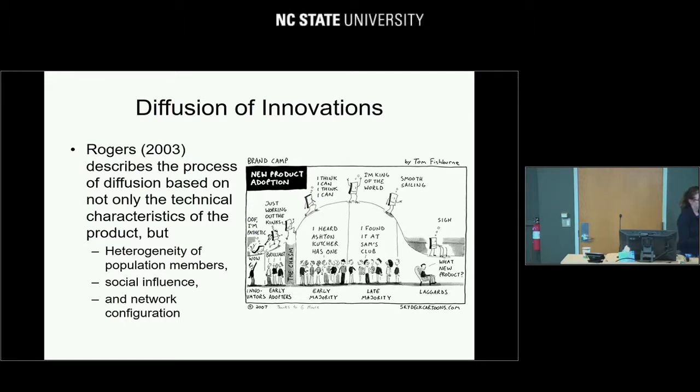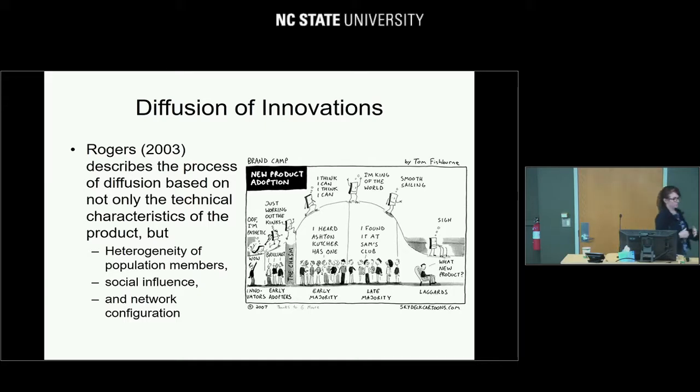I just wanted to start from Rogers' theory of diffusion of innovations, which basically models adoption as a process that occurs in an S shape, where we start off with just a few innovators. Over time, more people come on board and adopt a new technology, and at the end you have the laggards who are finally adopting.